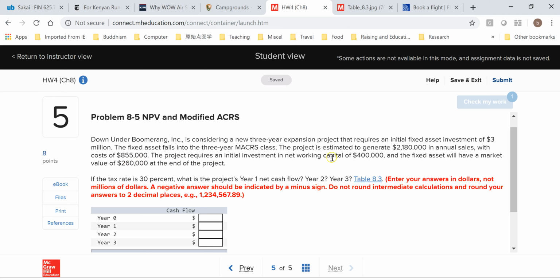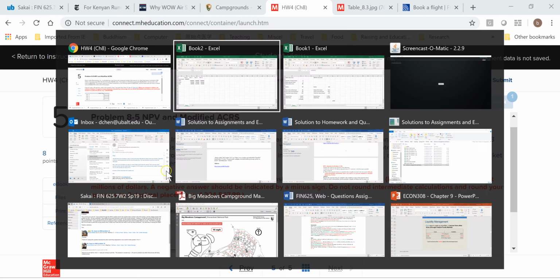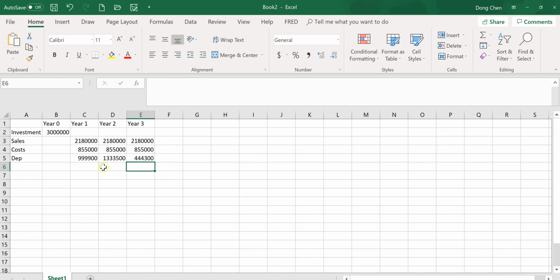But when the firm sells this asset, it may need to pay taxes. This is called the terminal salvage value. The taxes for the salvage value will be based on the difference between this selling price and the book value of the asset after the 3 years of depreciation.